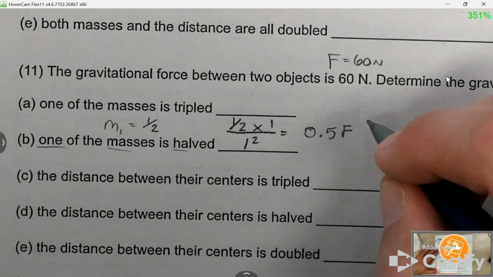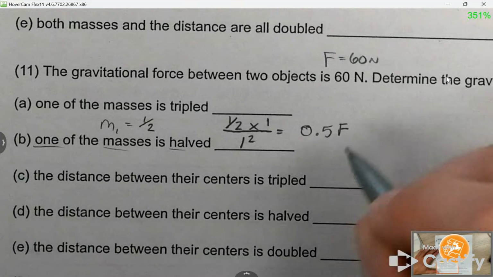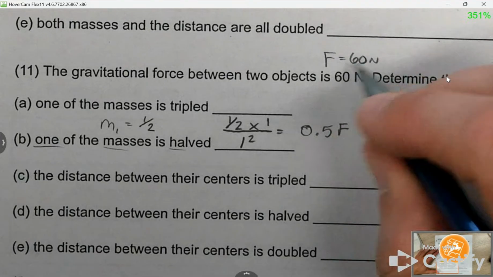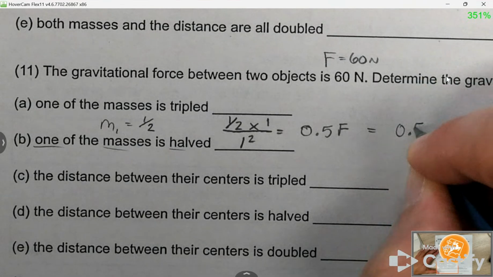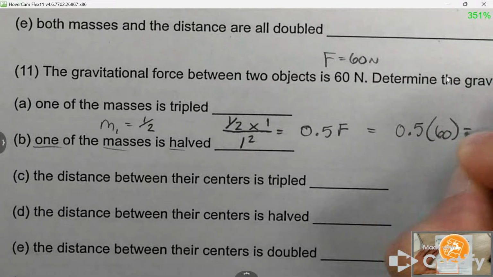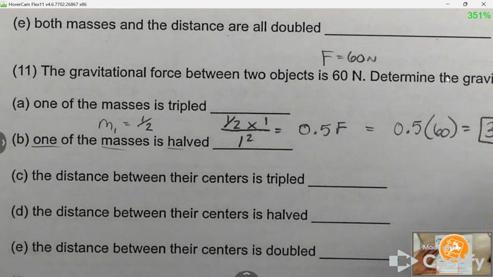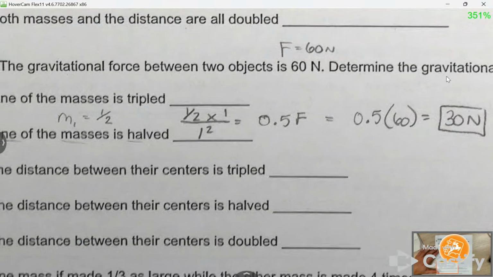But remember, they want to know what the new weight or the new gravitational force would be. So if the original was 60, you're going to do 0.5 times 60. And you'll wind up with 30 newtons.